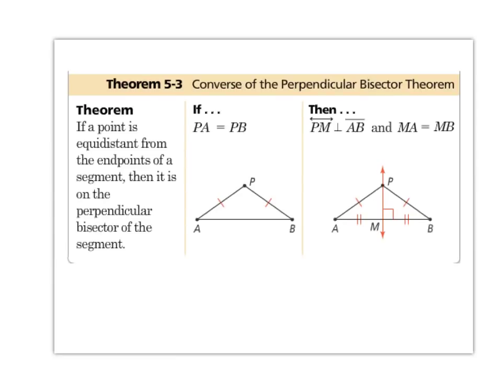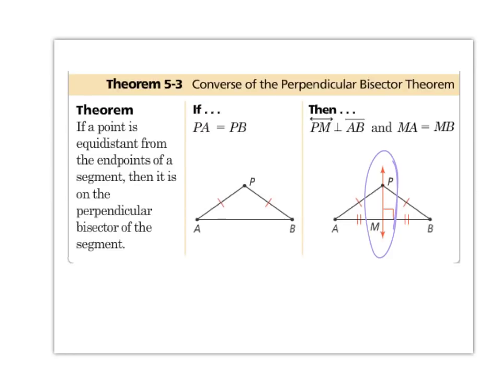We're starting with the fact that this point P is the exact same distance from both A and B. Well, if that's the case, then that point P lies on this line that is both perpendicular to AB and cuts segment AB exactly in half, or it bisects that segment there.